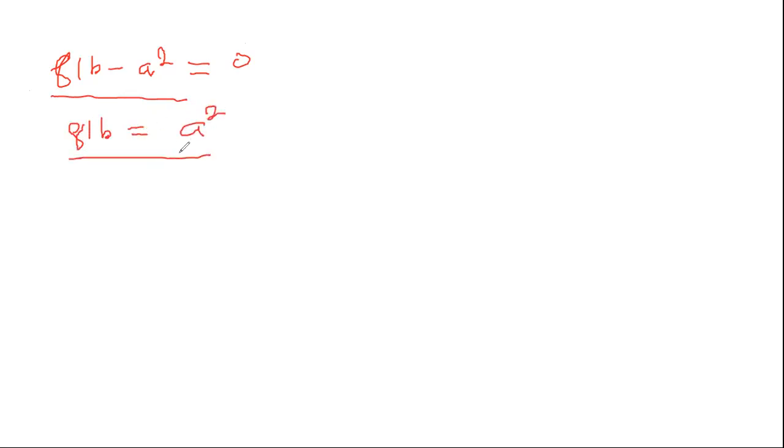We get 81b minus a squared is equal to 0. So we can leave it at that: 81b is equal to a squared. This is the condition for one root to be twice the other.